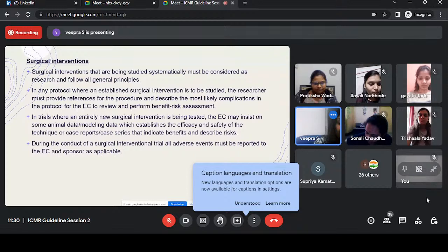Sham surgery, a fake surgical intervention or placebo surgery, should not be involved in the study design due to ethical issues. Like that is the information mentioned in the surgical intervention.